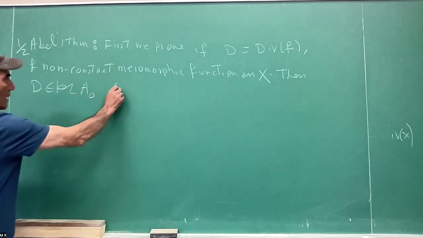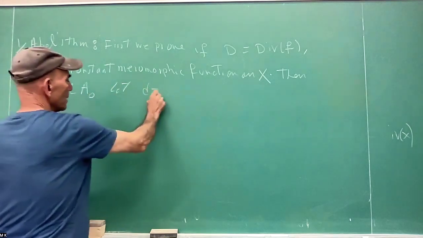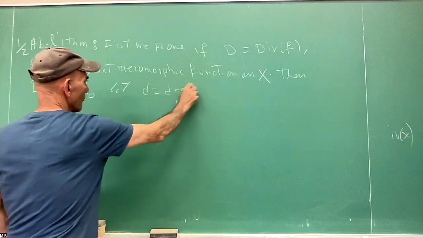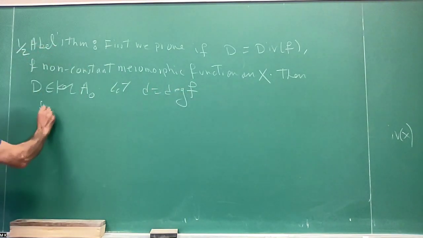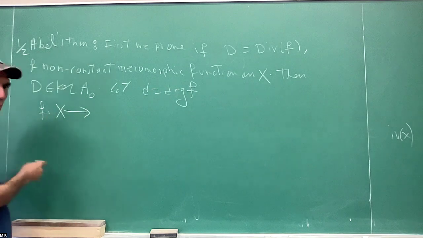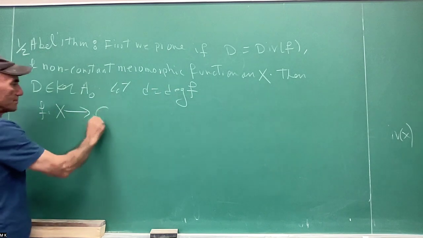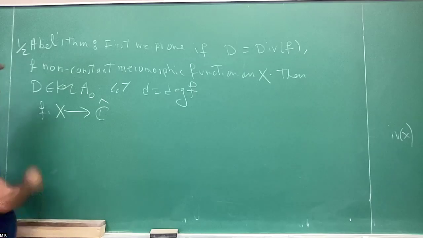So let D be equal to the divisor of F. So F goes from X to C hat, right? I just use F, I don't use capital F, that's okay.